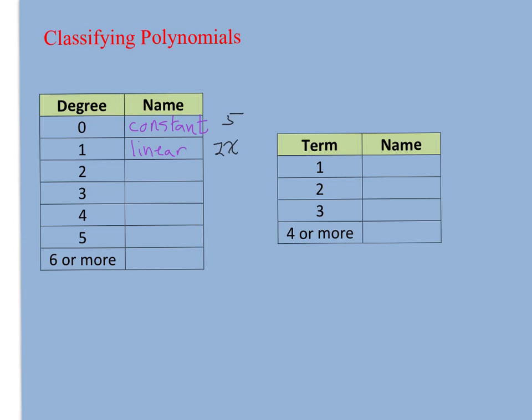Because the graph of y equals 2x is a line. If it has a degree of 2, a popular one would be x squared plus x minus 2. And so if it's got a degree of 2, then it's called a quadratic.